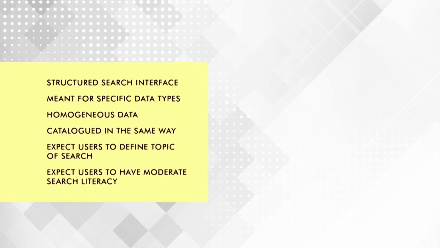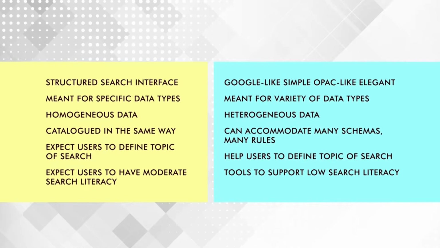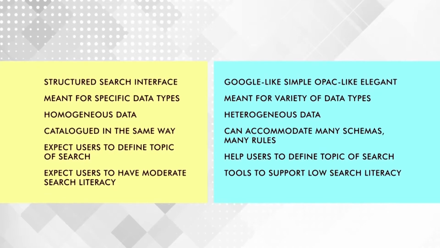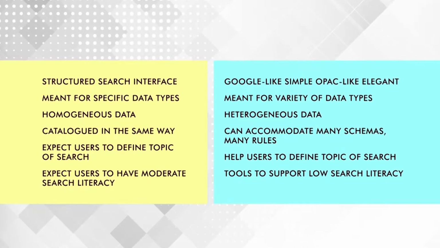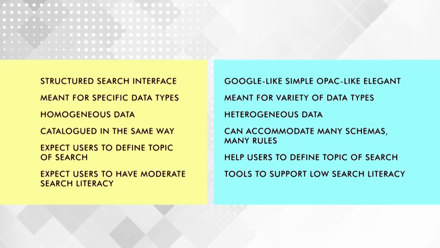On the other hand, a library discovery system is Google-like simple but OPEC-like elegant, meant for a variety of data types. Normally it can handle heterogeneous data, that means bibliographic data, geographical data as well as cultural data, and can accommodate many schemes and rules. It helps users to define the topic of search, with tools to support low search literacy.